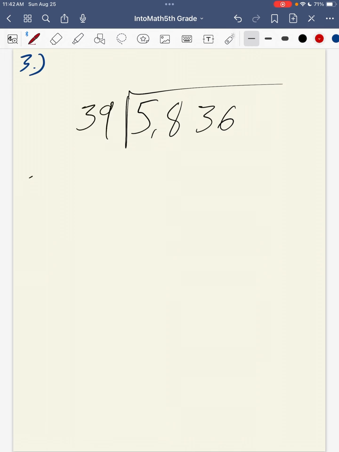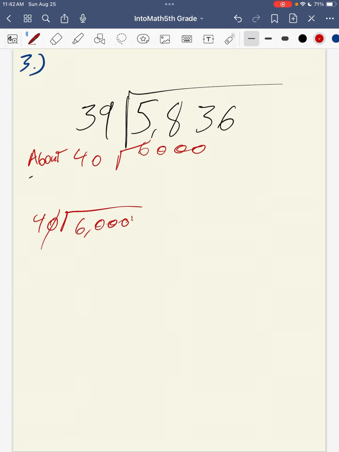All right. Let's make an estimate. Before we get too crazy, what if I make this 40 and I say that that's 6,000? As an estimate, about 40 can go into 6,000. Take off my placeholder zeros.